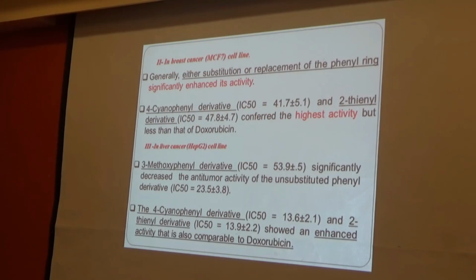In breast cancer cells, generally either substitution or replacement of the phenyl ring significantly enhances its activity. In both breast cancer cells and liver cancer cells, the cyanophenyl derivative and 2-cyano derivative show the highest activity toward the two cell lines.